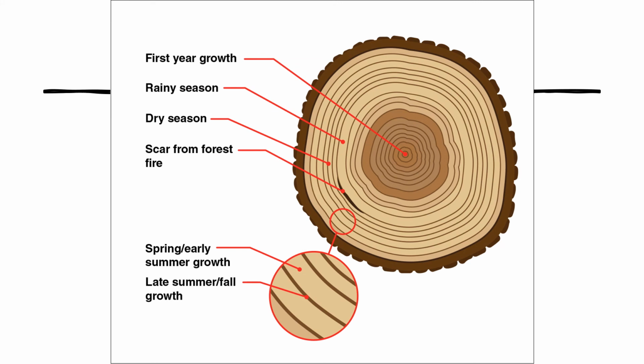Another feature of a trunk's cross-section is tree rings. In temperate climates, cells in the vascular cambium are dormant in winter, but they divide to produce new cells during the spring and summer. During the moist days of spring, the vascular cambium produces large water-conducting cells. During the drier days of summer, new wood has smaller cells.